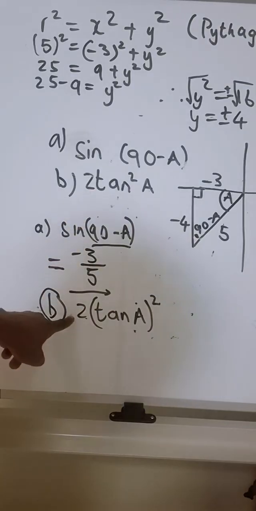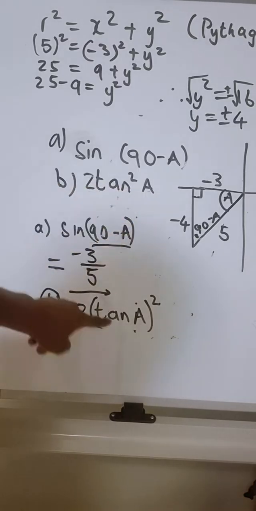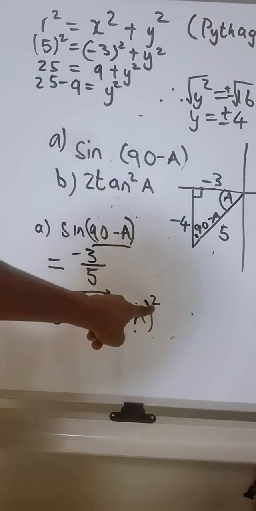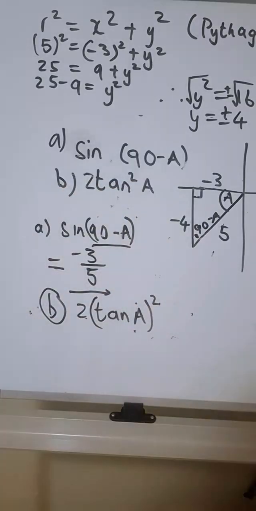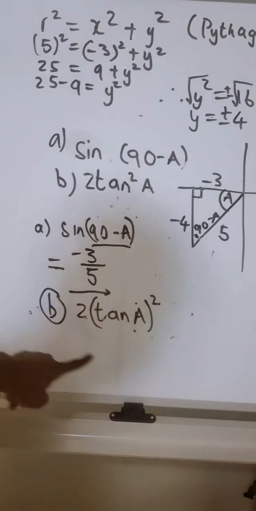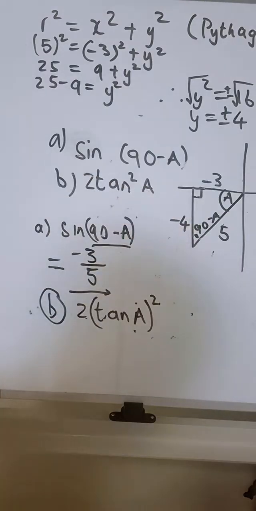So the 2 is still isolated. You put the exponent external to the trig ratio so that you can do your substitution of the ratio from the diagram.